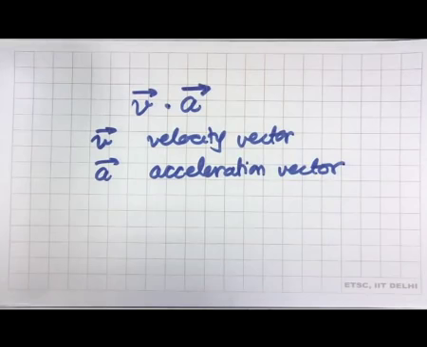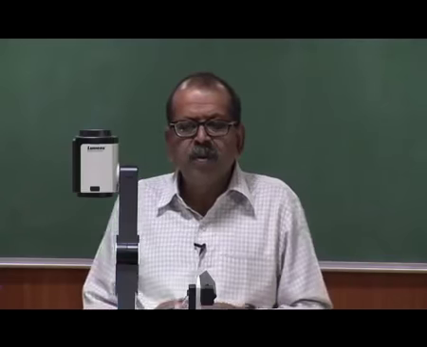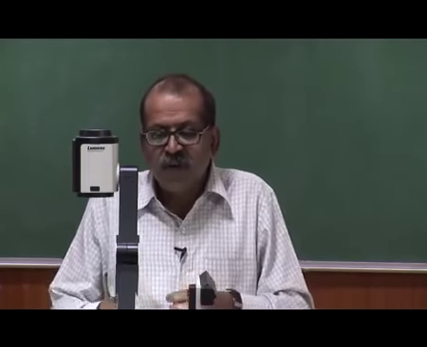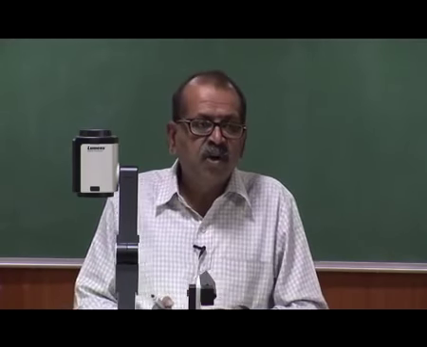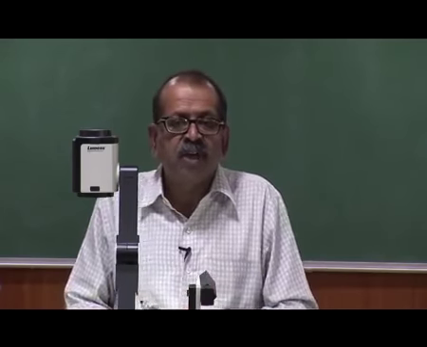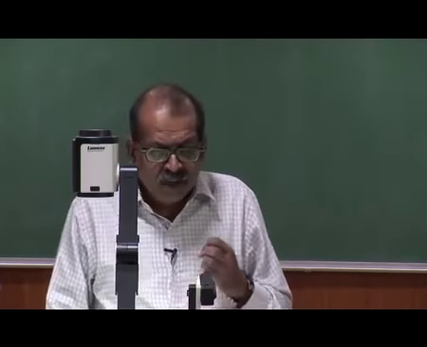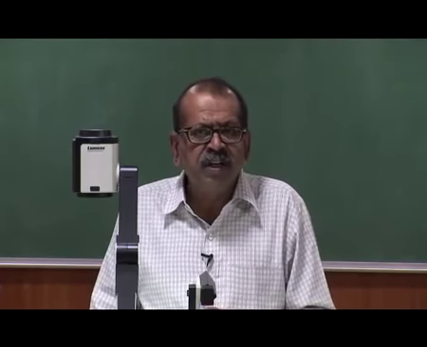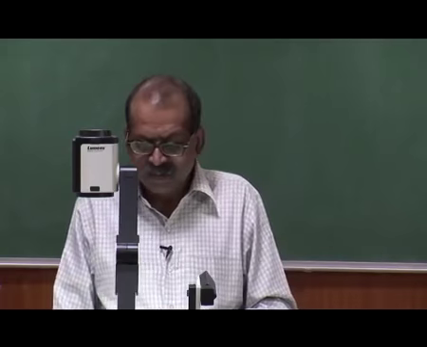Please note that all the formulas which we have been using, like V is equal to initial velocity plus At, or the displacement is equal to V0t plus half At square, are valid only when acceleration is constant. If acceleration is varying, then these formulas are not valid.